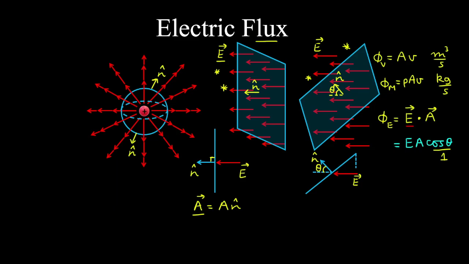Now in general, the total electric flux passing through a surface is defined by the surface integral of the electric field over the surface. So here for example, we're looking at the area vector for a differential element of area.